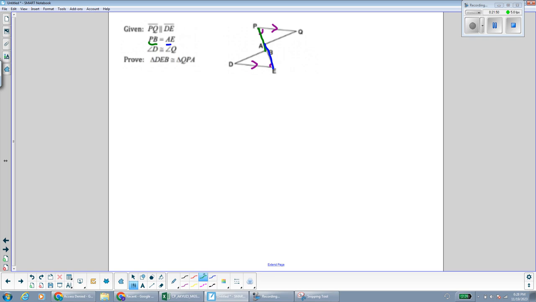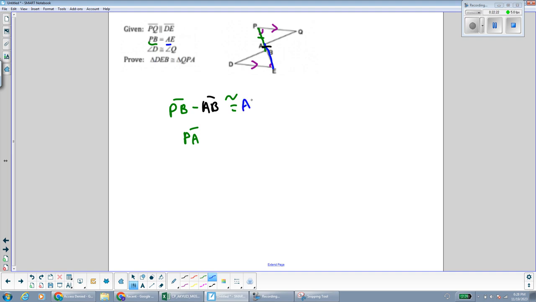So let's talk about what we're going to subtract. PB, the long segment, taking away AB, I miswrote that, leaves us over with PA, which is the side of the triangle that we need.